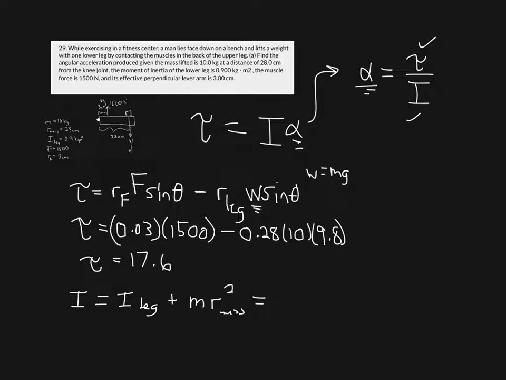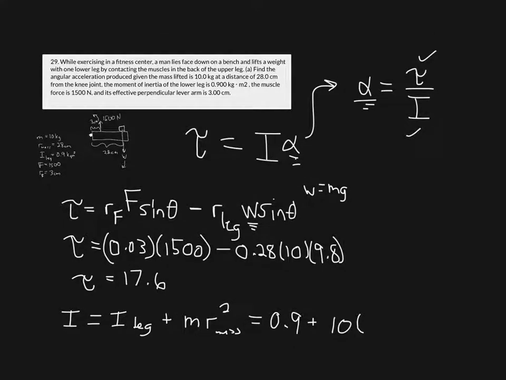So the moment of inertia of my leg, I was given that, is equal to 0.9 plus the mass that I'm holding up with my leg, which is 10 kilograms, times the distance, the location where I'm holding this mass, 0.28 quantity squared. I plug this into my calculator. I find a total moment of inertia of 1.68.